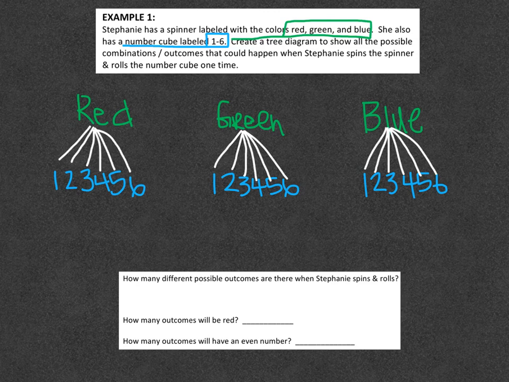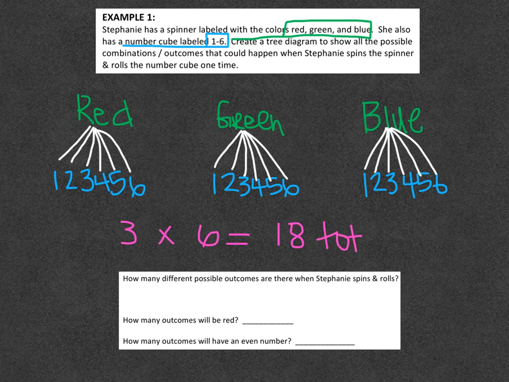When I want to know the total number of outcomes there are that are available, which is what this first question is, how many different possible outcomes are there when Stephanie spins and rolls? I can either count all the branches, or I can do what we were talking about earlier, is taking the colors and multiplying it by the numbers, and it's going to tell me how many total outcomes there would be.